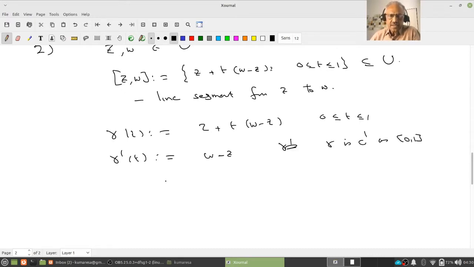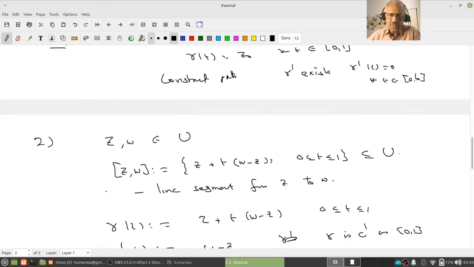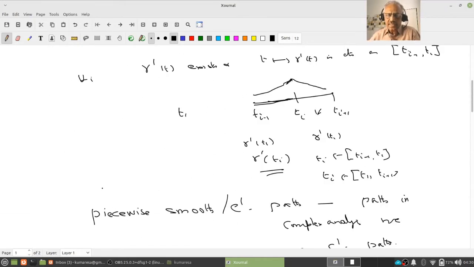And one usually thinks, in two variable calculus or n variable calculus, of this as a tangent vector. So when I said piecewise smooth, what it means is that at the end points of the partitioning intervals, the tangents may differ if you approach from the left side or from the right side. Otherwise, it's well behaved. But remember, we want it to be continuous on the entire interval. That we are not going to violate.